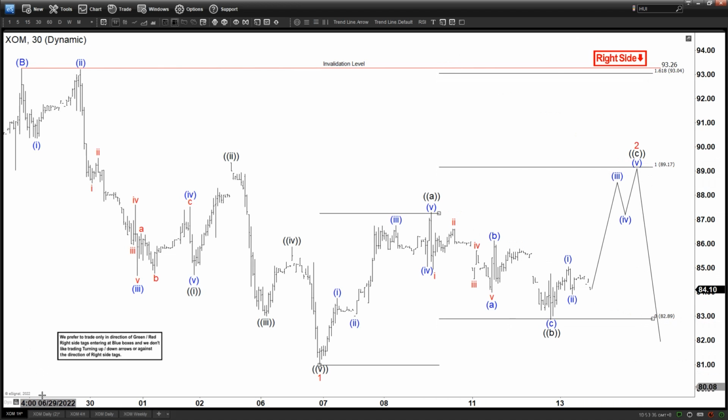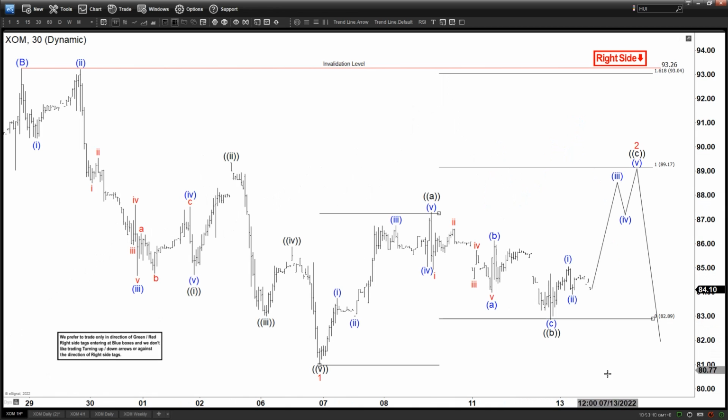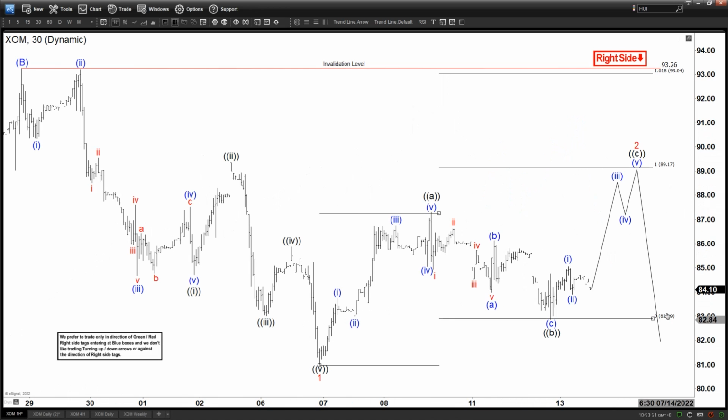But the alternates are that we just go down straight away, or we go with an expanded flat like this, and then go down. Of course, if anybody is trading XOM and it does an expanded flat and they're trading to the downside, they might get stopped out. But that's part of the game. It's not about winning 100%. Nobody wins 100%, and if you believe that we can win 100%, then obviously you have not traded that long. So that's the update for today.